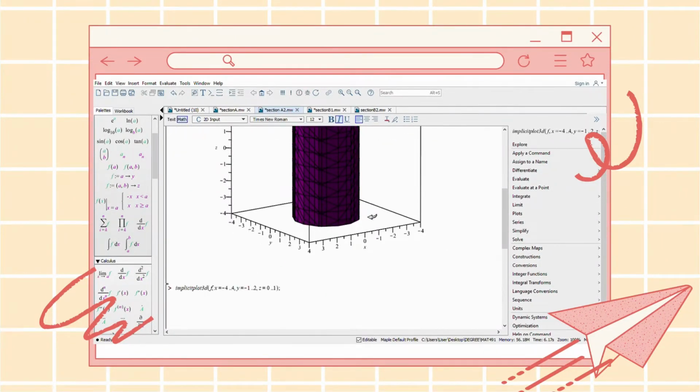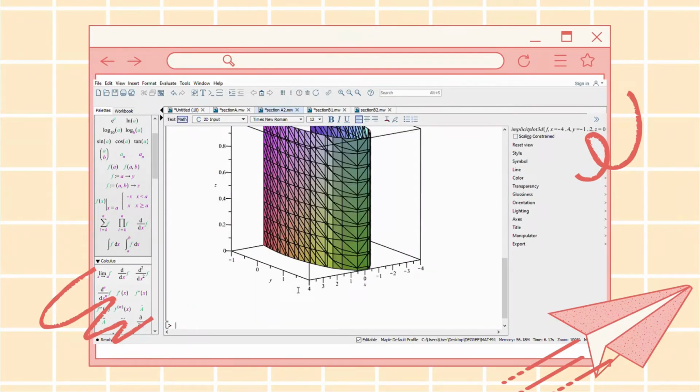Let's try another example using different limits. Implicit plot 3D, f, x -4. I change the limits for the y-axis and z-axis. I change y to negative until 2, and for the z-axis, I change it to 0 until 1. Let's see what the output looks like.